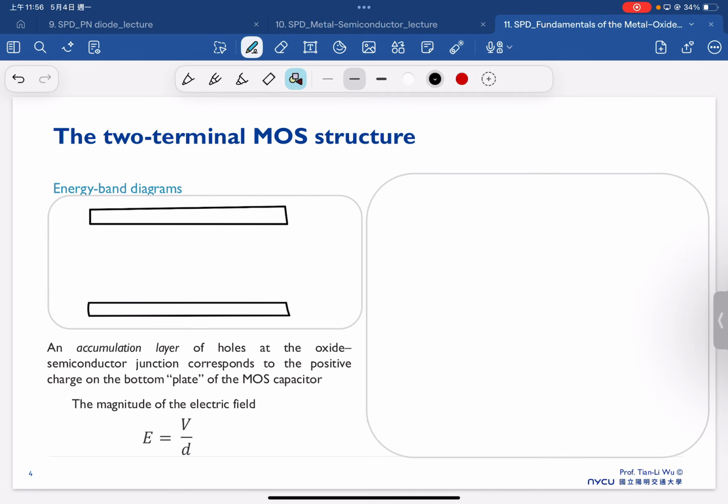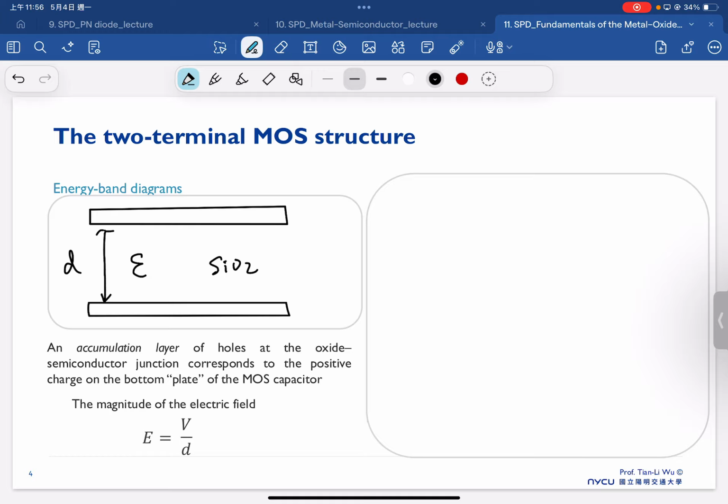In the middle part is silicon dioxide, and then we have the dielectric constant and distance here.